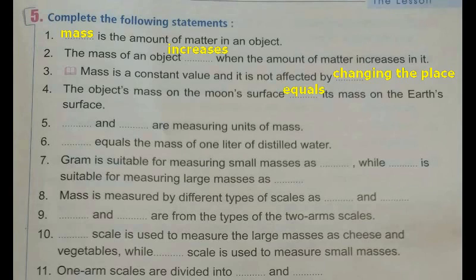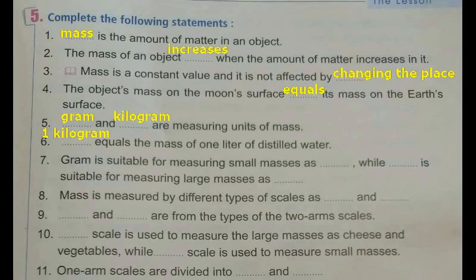Blank and blank are measuring units of mass. What are the units for measuring mass? The gram and the kilogram. Number 6. 1 kilogram equals the mass of 1 liter of distilled water.